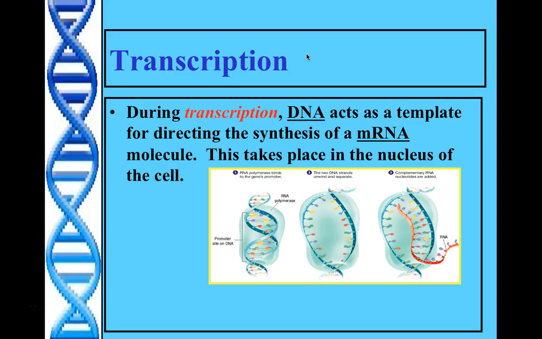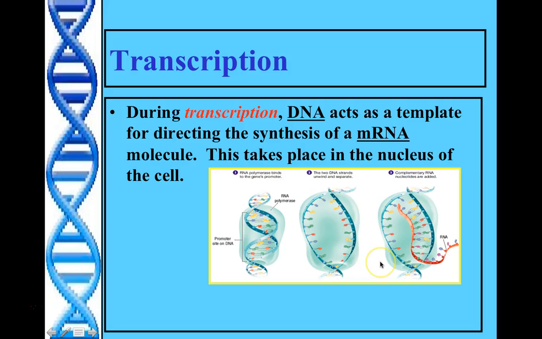So what happens is DNA will unzip very similarly to when it does during replication. So if you see here in this first picture, we have our wound up DNA strand, and here we have helicase coming in, unzipping those hydrogen bonds.